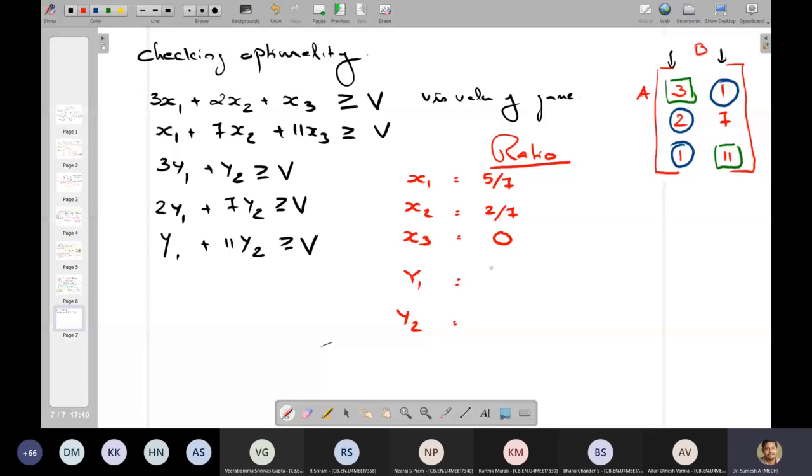So y1 is 6 by 7 and y2 is 1 by 7. You can substitute in all the cases, and everything will satisfy. So this is how we find the value of the game if dominance is also not applicable.